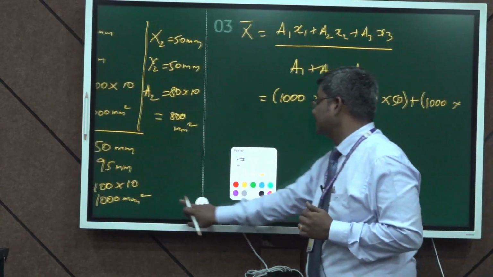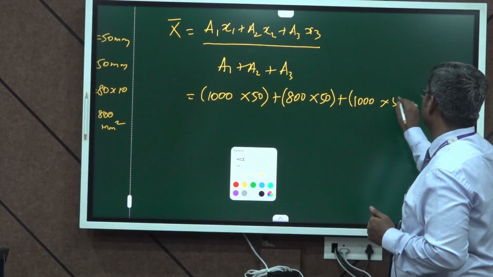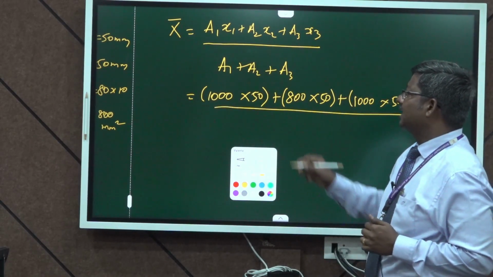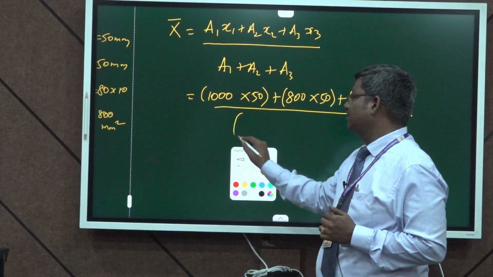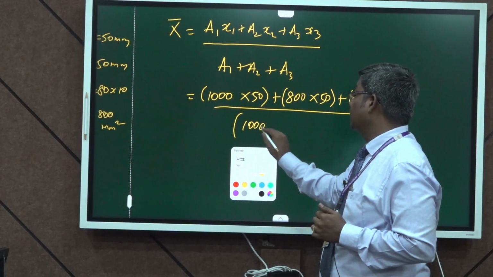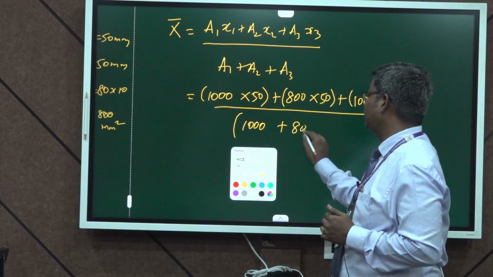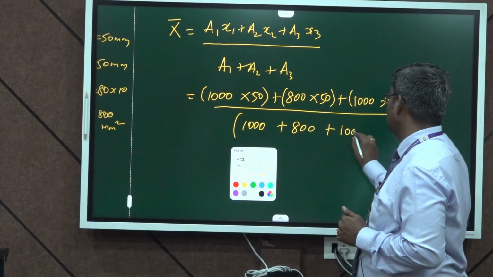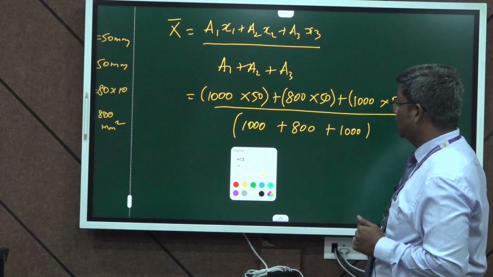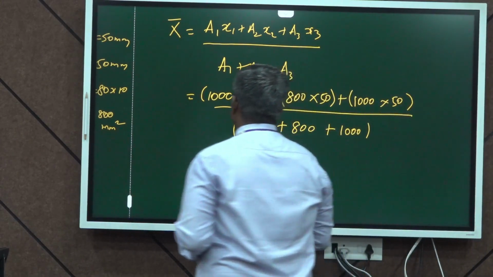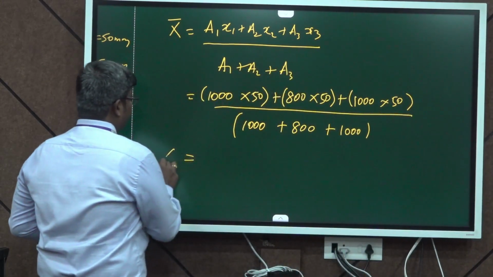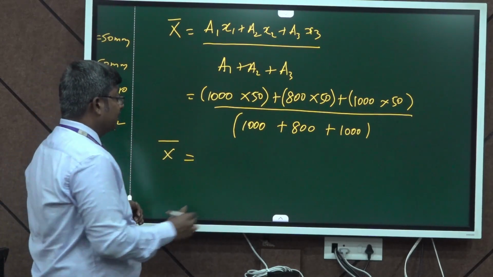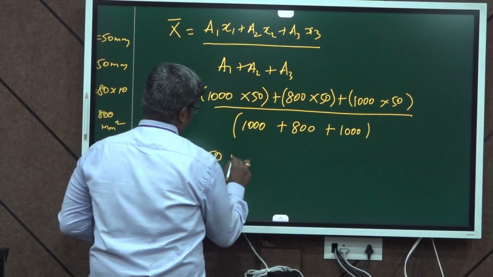Let me substitute x3 as 50 mm here, whole divided by A1 plus A2 plus A3, that is the area of the first portion 1000 plus the area of the second portion 800 plus the area of the third portion, that is also 1000 mm square. By calculating this, we will get the exact x bar value, that is the center of gravity about the x axis for the entire figure. The answer will be 50 mm.